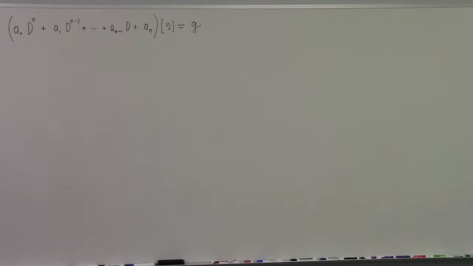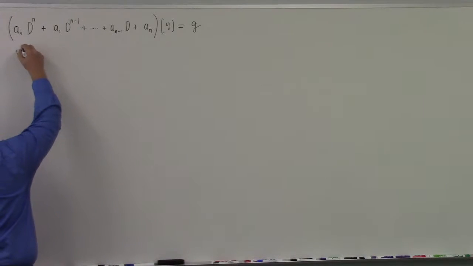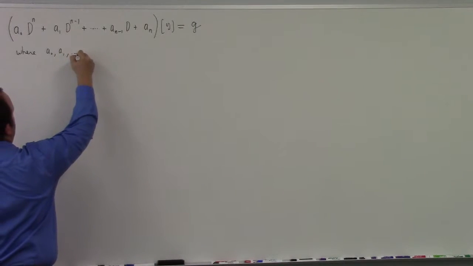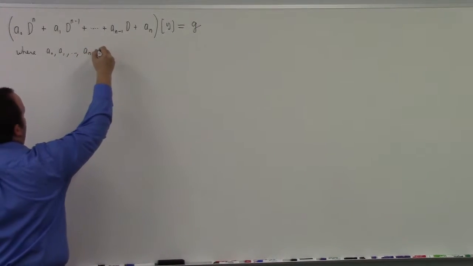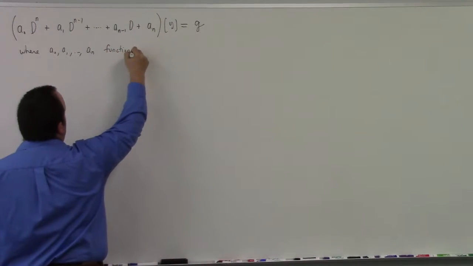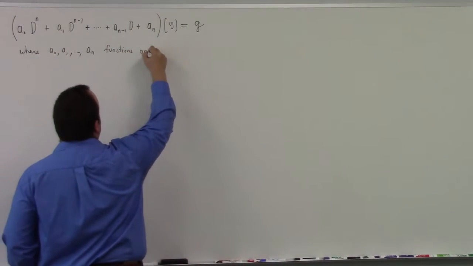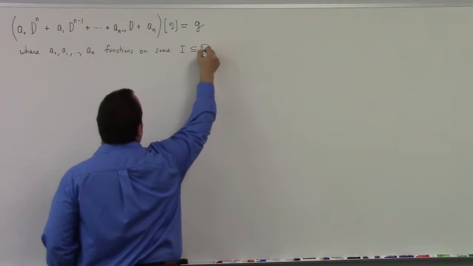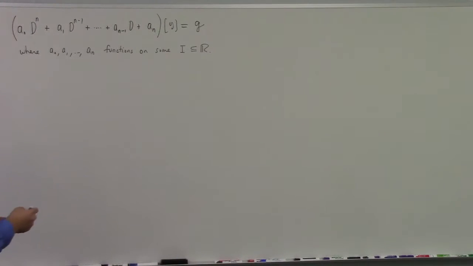Now, what is this? Here we have A naught, A1, through AN. These are actually going to be functions on some interval, which is a subset of the real numbers. Like last time, I showed you how to solve this in the case g equals 0.